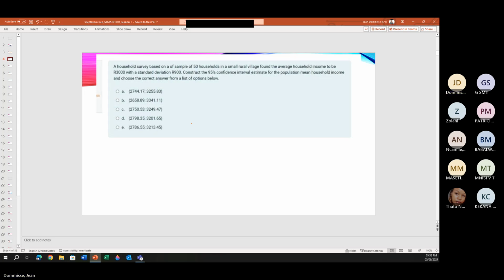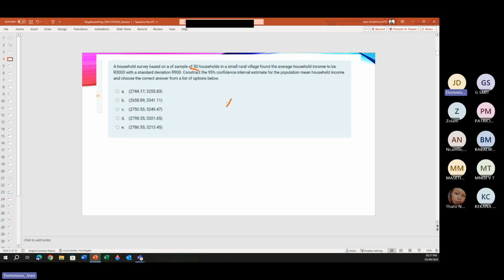A household survey based on a sample of 50 households in a small rural village found the average household income to be 3,000. So we look at it, it is a confidence interval.